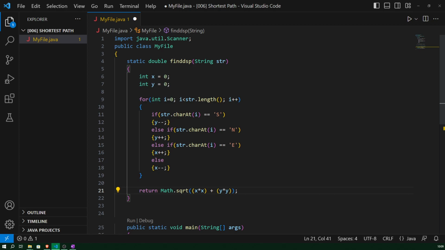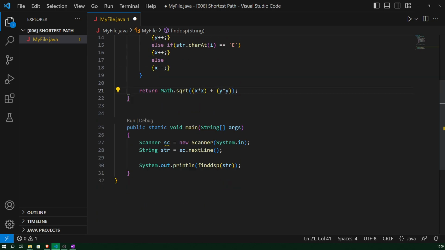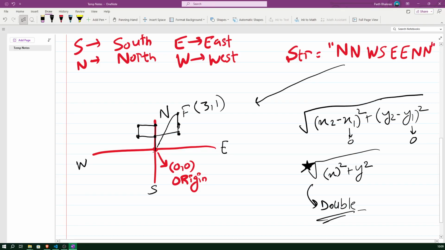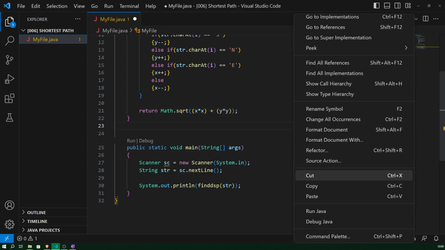Perfect. So I think this is where we finish our coding part, and let's try to use this particular string, NNWS double E double N. Okay, let's try to run this.